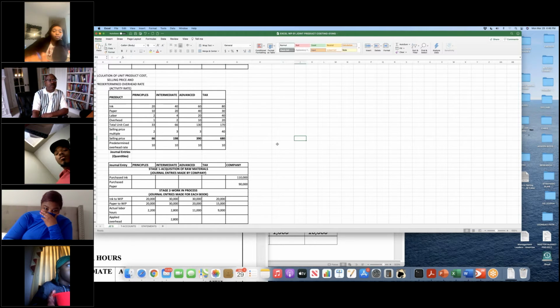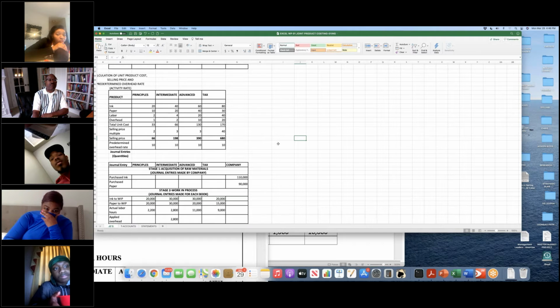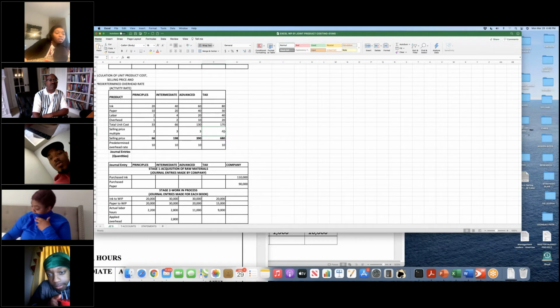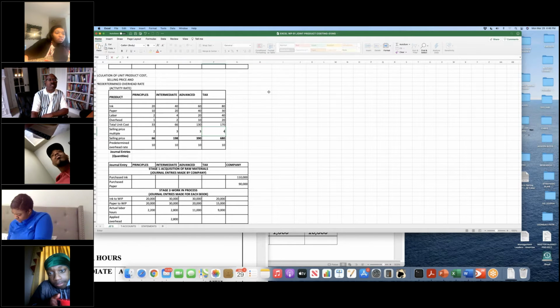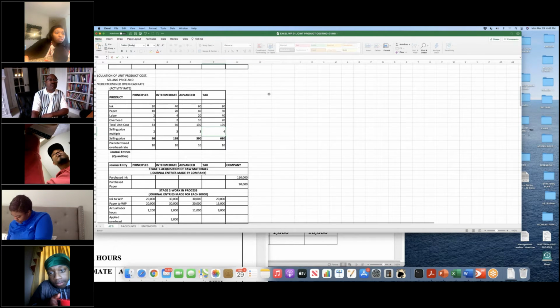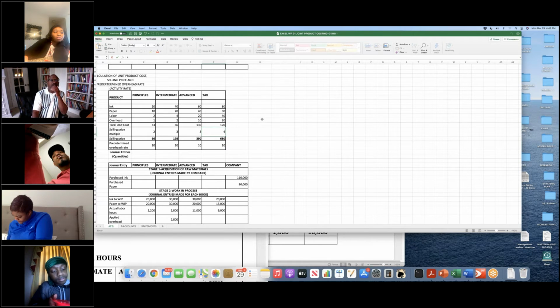Okay, any questions? The selling price multiple was 40. I think it was 4, wasn't it? Well, I think we were supposed to time it because it said two hours per book.